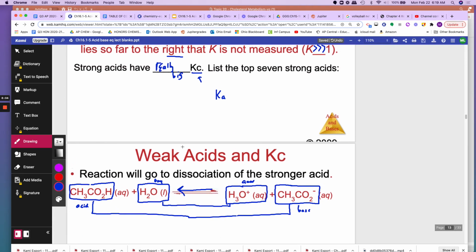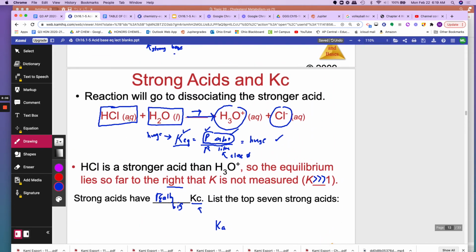Okay, so let me fix my thinking here. You're really comparing the conjugate pairs. You're comparing the acidity of HCl, which is the acid. This is the base. This is the acid. This is the base.